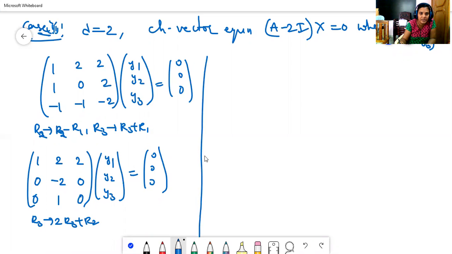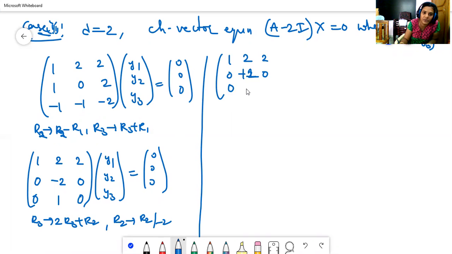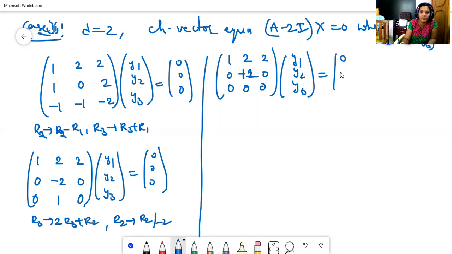Then it becomes 1, 2, 2, 0, minus 2, 0. And here R2 is divided by minus 2. It becomes plus 1, 0, 2 into 1. 2 minus 2, it's 0, it's 0, into y1, y2, y3 equal to 0, 0, 0.